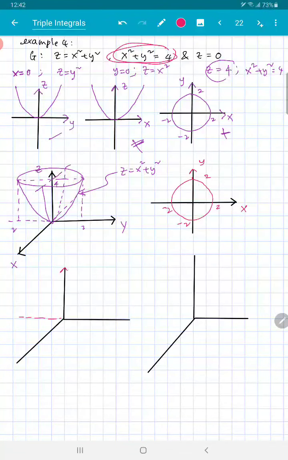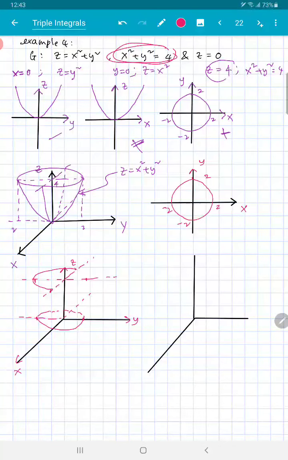So here, let's say this is the z axis, y axis, and x axis. Let's sketch a few circles at different values of z. Here we have z equals 0, and we have a circle of radius 2. And on a positive z plane, we have a circle of radius 2 as well.